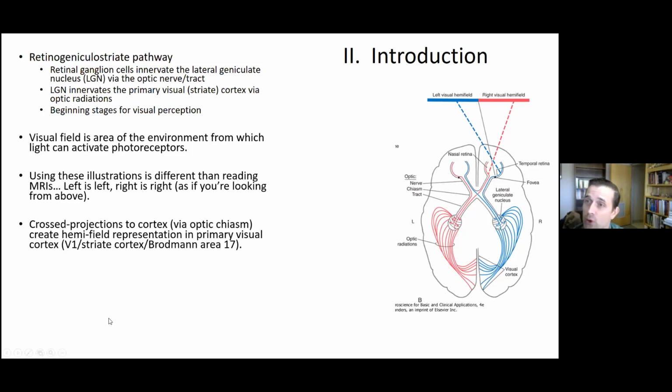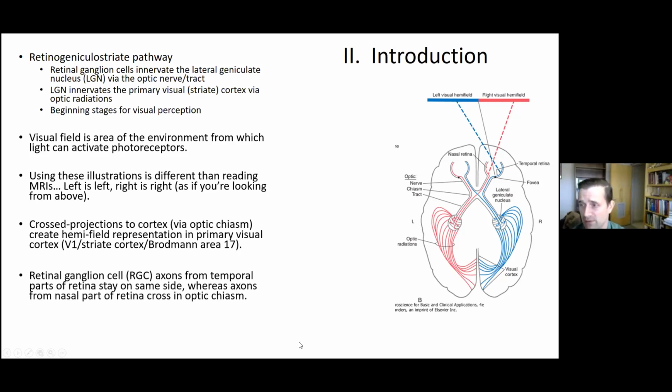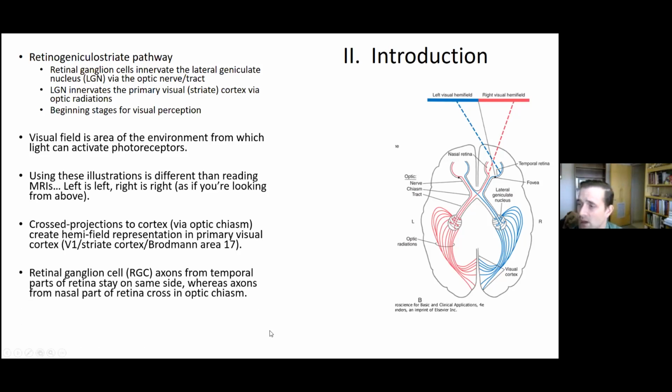So this is what creates a hemifield representation in your primary visual cortex, because you have partial crossing of the visual field from both eyes. And that's ultimately going to go to the primary visual cortex.